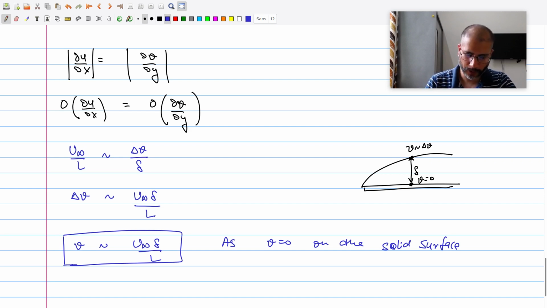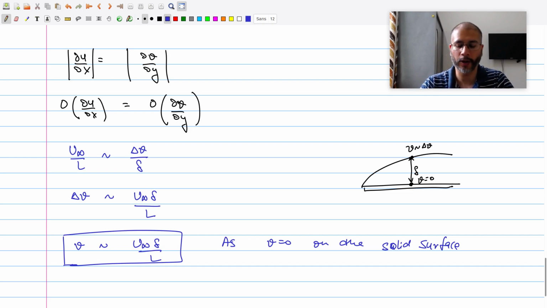That has given us the order of v, because the order of v was not known. The order of u was known because the flow is happening with a uniform x velocity, but the order of v was not known. Sometimes we make a mistake and simply say that the order of v is 0. That's not true, because we do have a y velocity: since del u by del x is non-zero, del v by del y is also non-zero, and they are of the same order. So v has some magnitude of a certain order. It may be less than the order of u, but that does not mean it's 0.